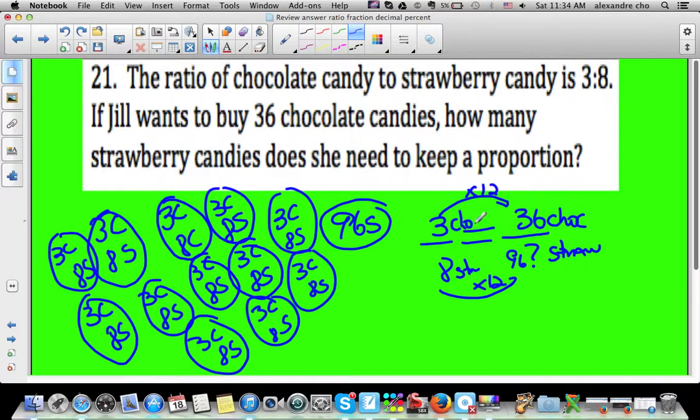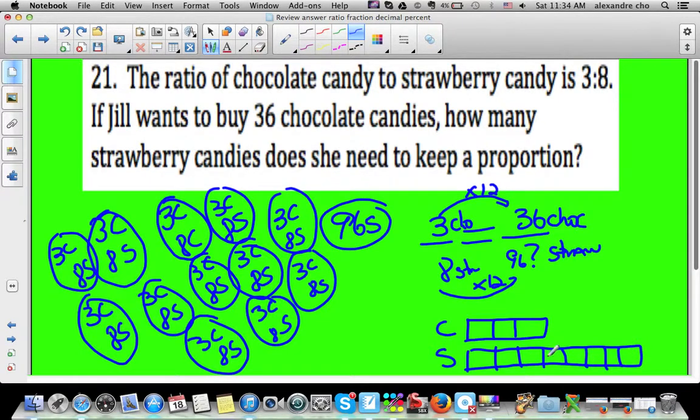You can also do a tape diagram for this. You have 1, 2, 3 for chocolate, and you have 8 for strawberry. 1, 2, 3, 4, 5, 6, 7, 8. So 3 chocolate candies and 8 strawberry candies.